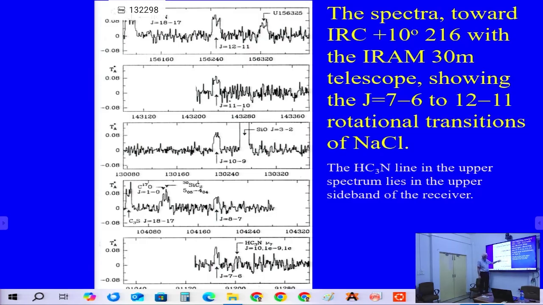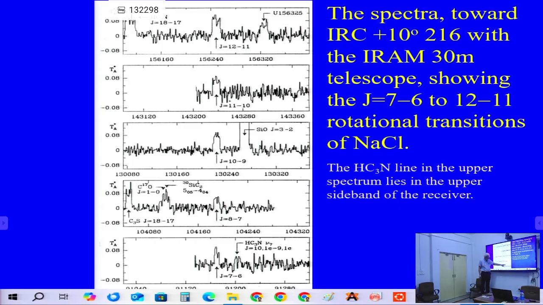That's an asymmetric top, so you have Ka0, Kc5, Ka0, Kc4 there. C3S, an even more obscure molecule. That's quite a high level because this is quite a heavy system, so you get B is smaller. An unidentified line, if anyone wants something to think about overnight, to try and identify what it is.